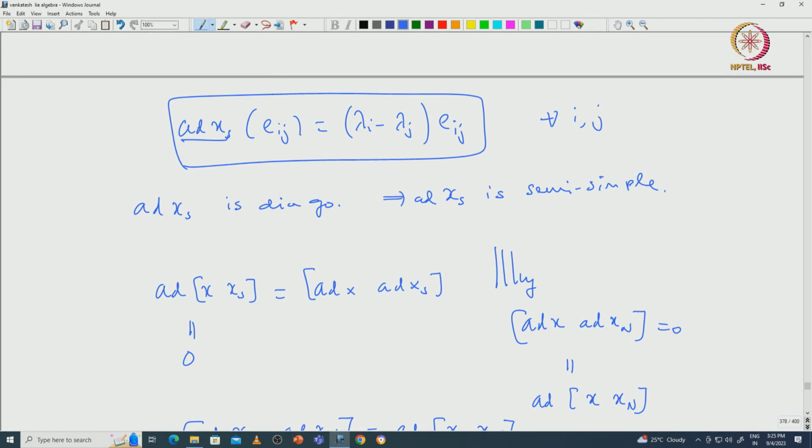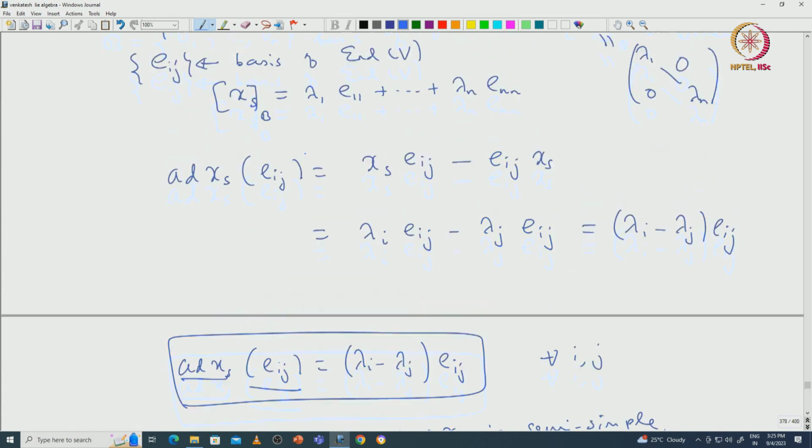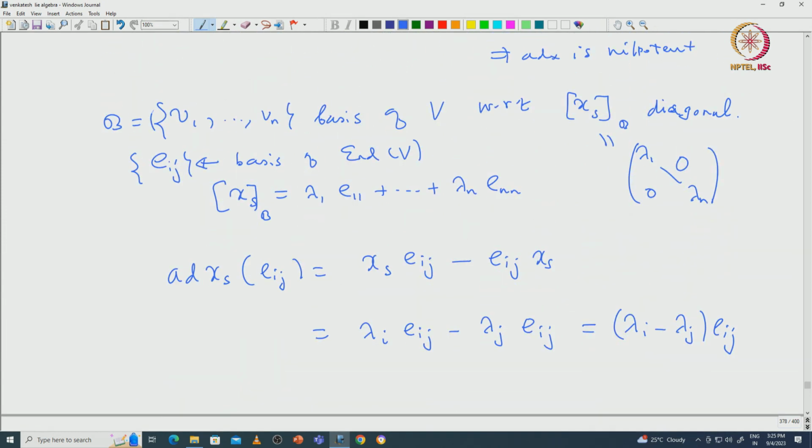Again, this basis E_ij is indeed obtained by fixing the basis of this capital V, which has diagonal entries lambda_1, etcetera, lambda_n. I will leave it to you to check, because these arguments are going to appear very often. This is the correct place for you to sit and check.